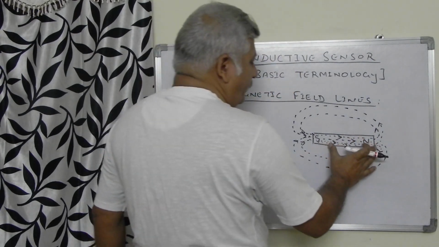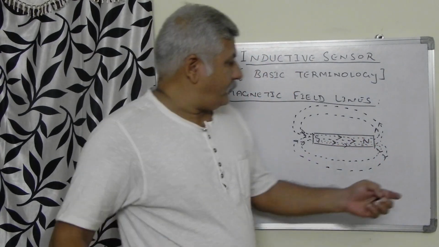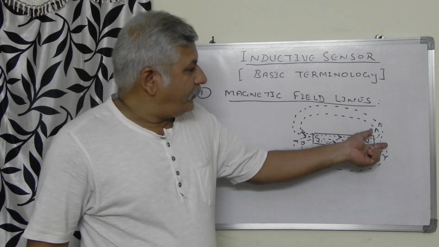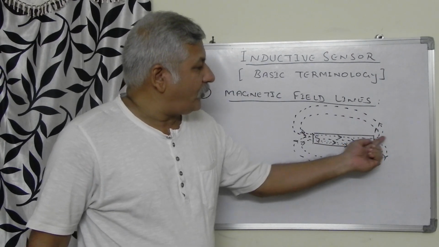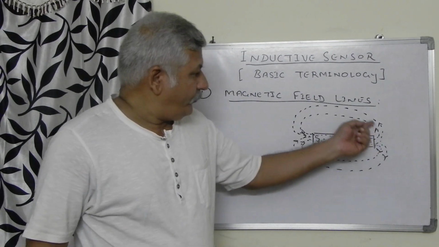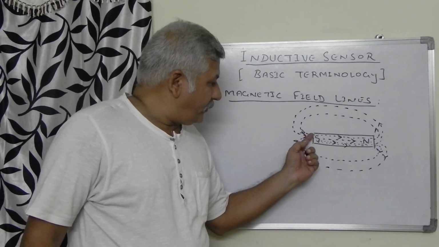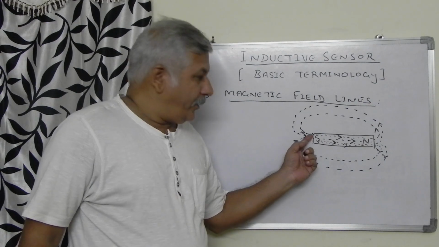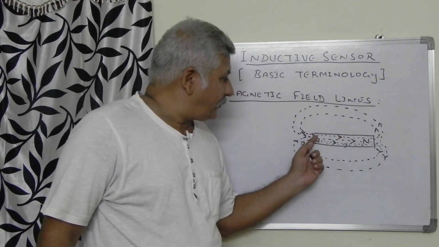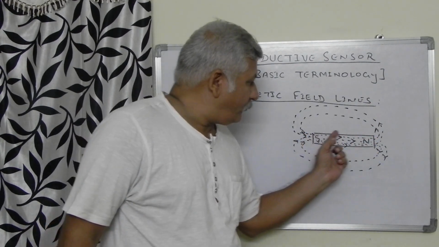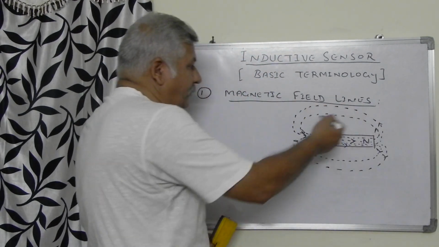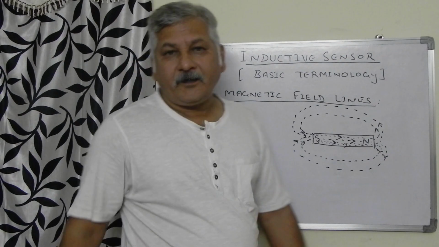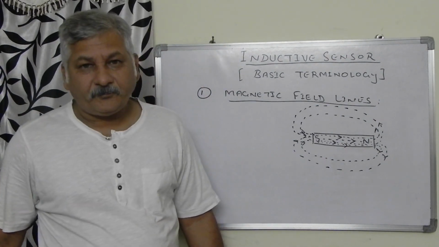So outside the magnet, these are the invisible lines which come out from the north pole and which enter in the south pole, whereas inside the magnet, these lines move from south pole to north pole. So these invisible lines are called magnetic field lines.